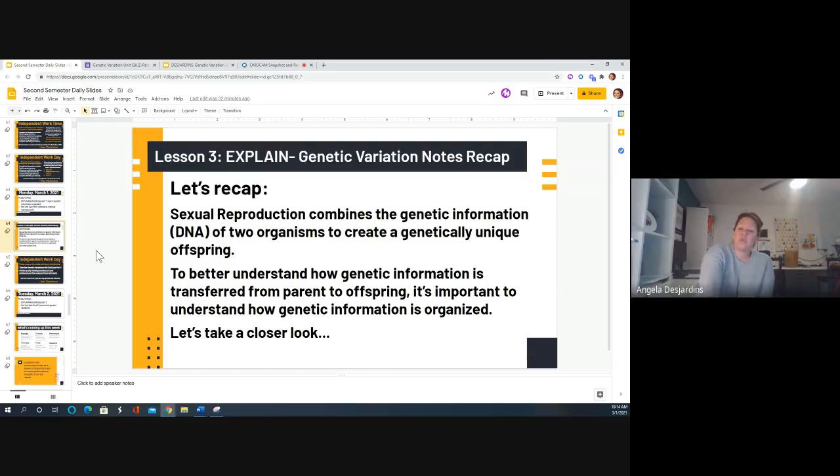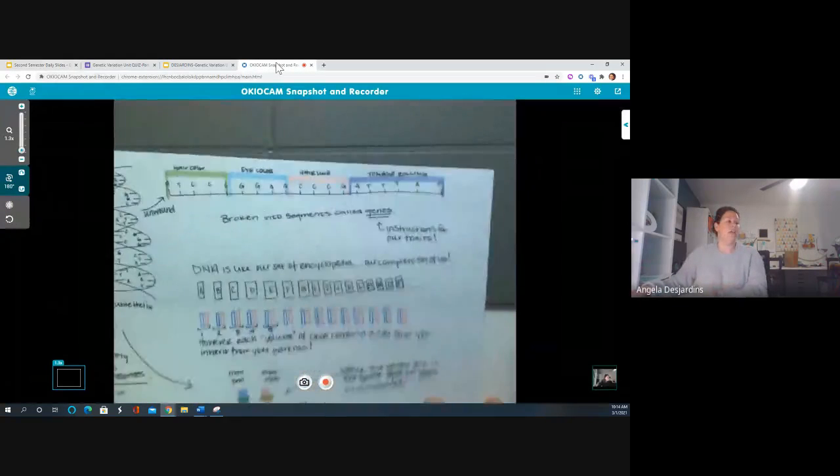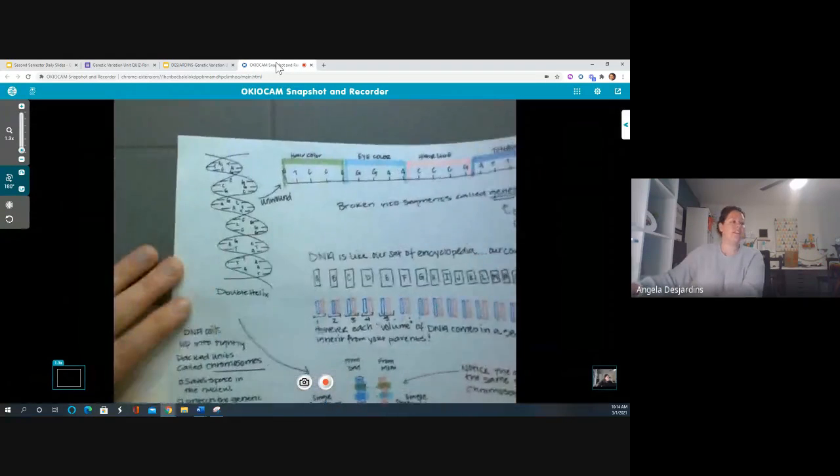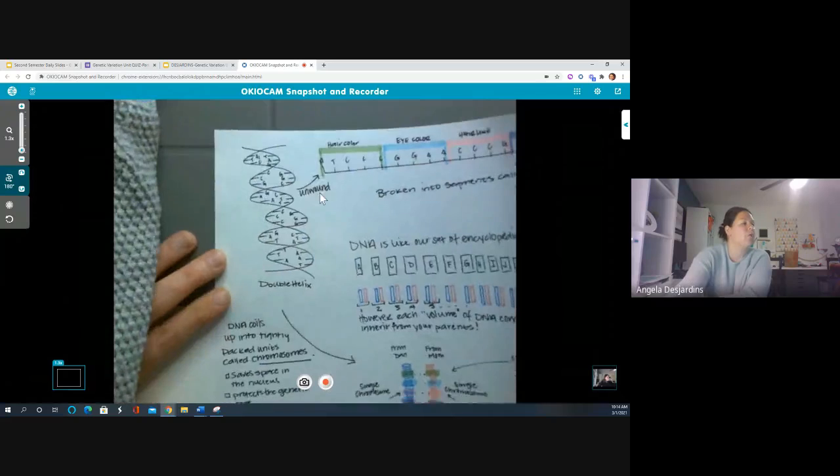In order to really understand that, it is going to be important to remember how our DNA is organized in our body. To do that, we got to remember what we've already covered in our last unit and how that fits to what we're looking at right now.